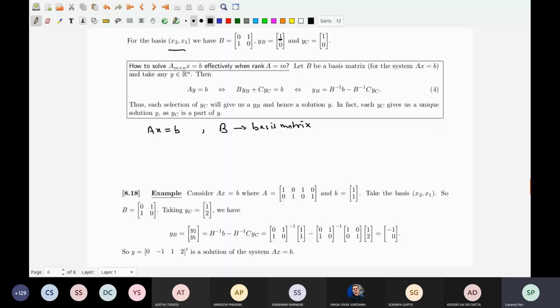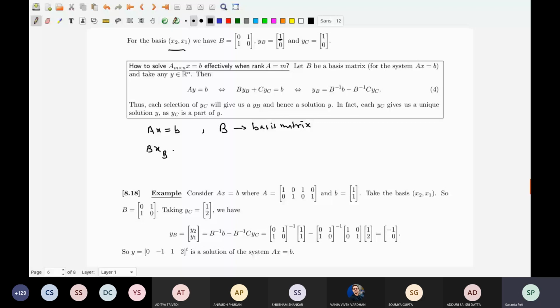In that case, this system can be written this way: B times xB. This is why xB was ordered. When I said B can have columns here and there, in the same order xB is written, plus C times xC, that is equal to b.